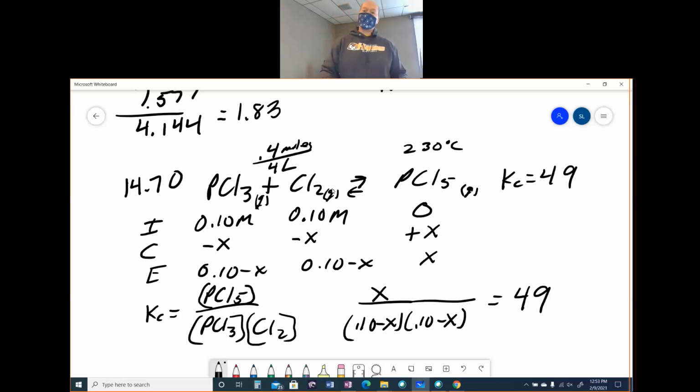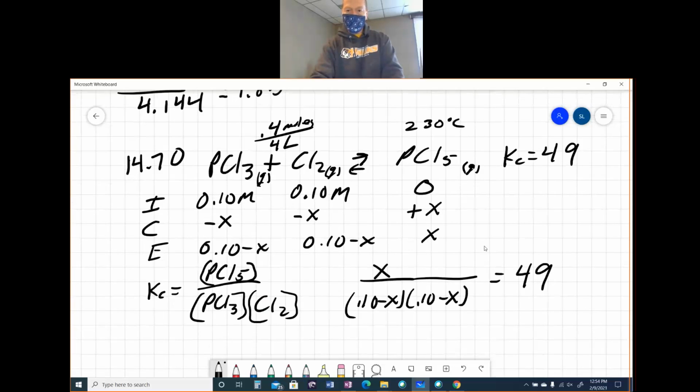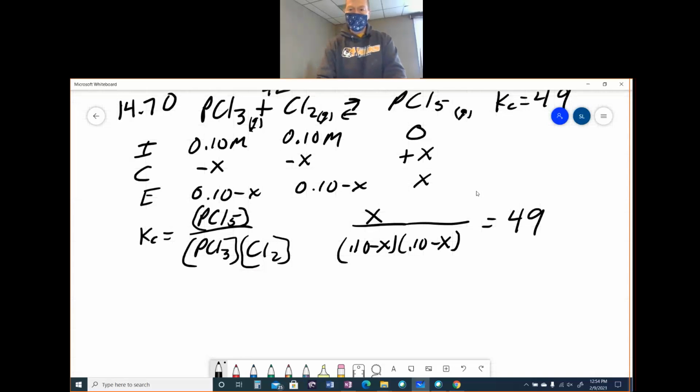Again, we can't neglect x. Our K value is greater than 1. So we cannot do successive approximations. You have to do the quadratic equation.